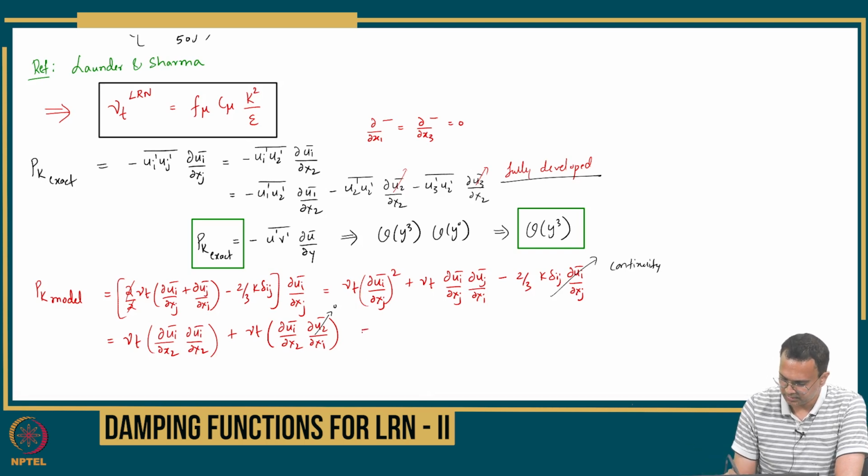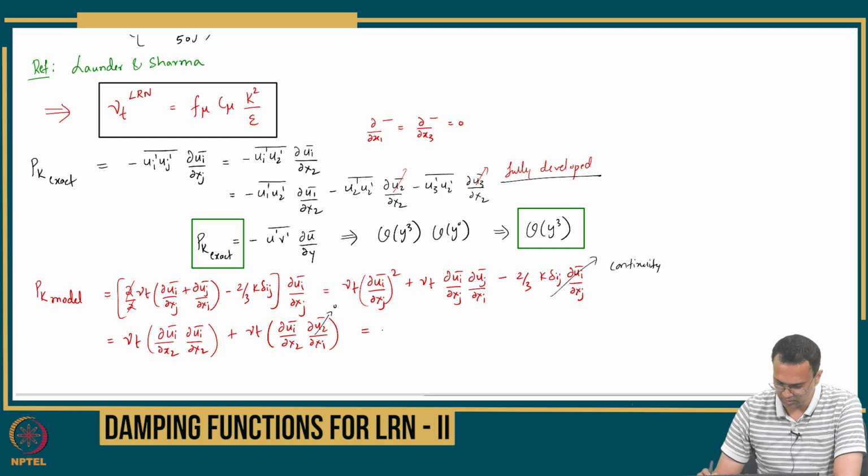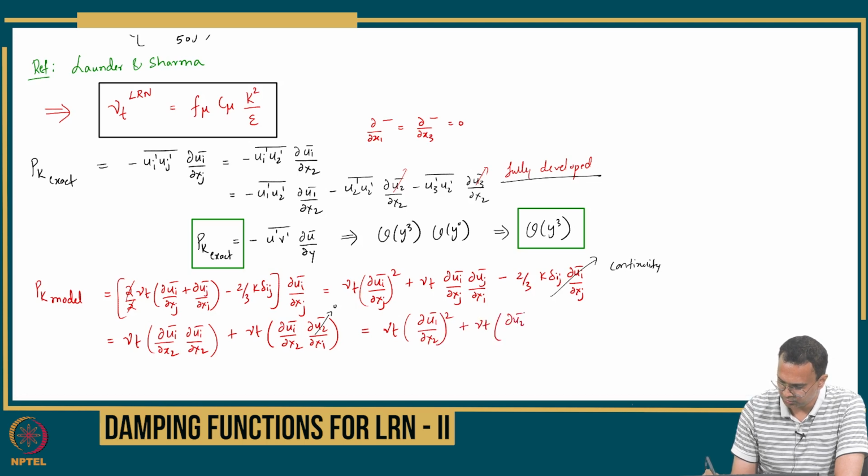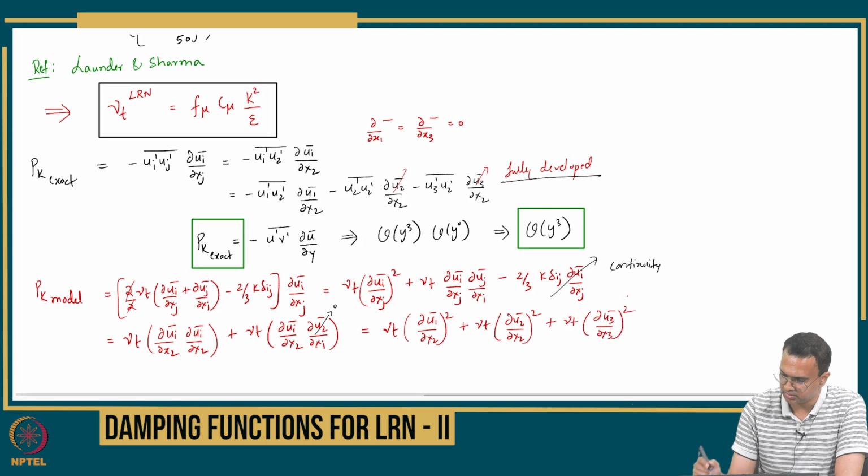So this is now equal to nu t of dou u1 bar by dou x2 whole square, plus nu t dou u2 bar by dou x2 whole square, plus nu t dou u3 bar by dou x3 whole square.